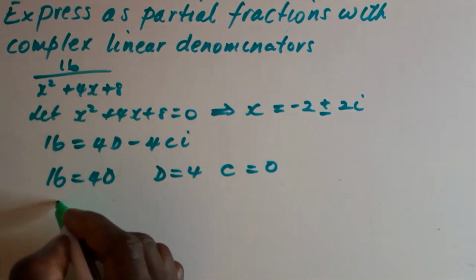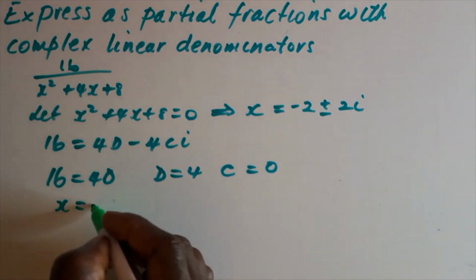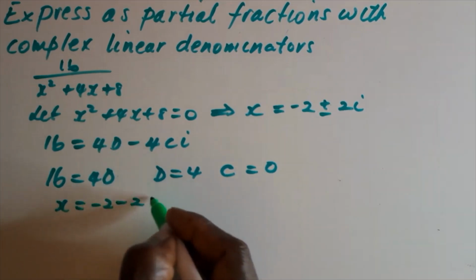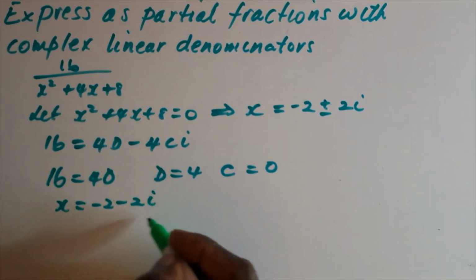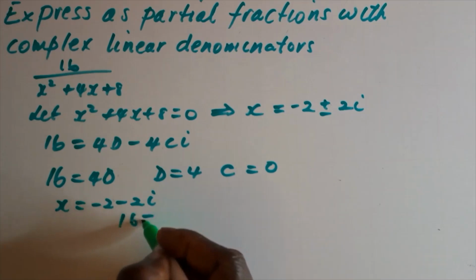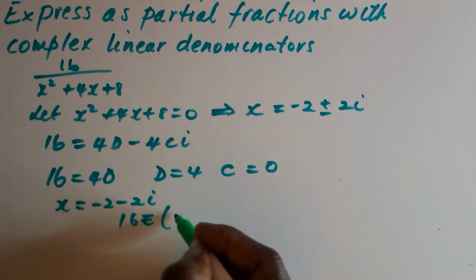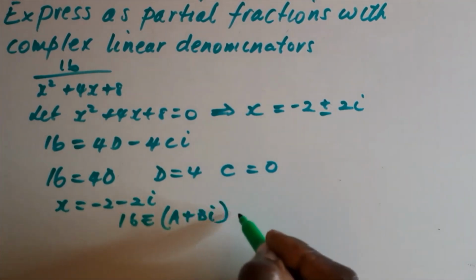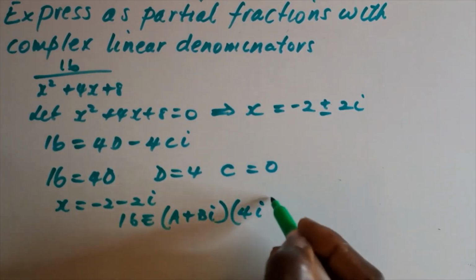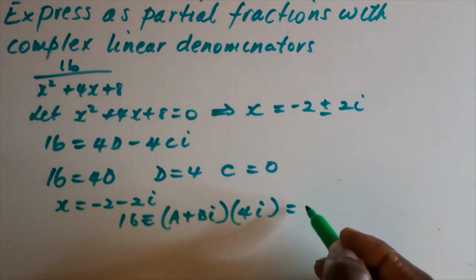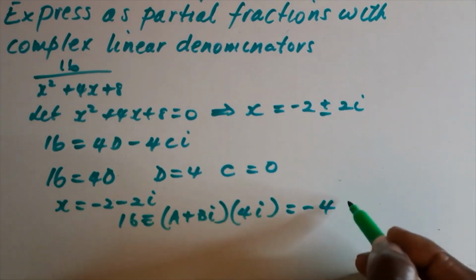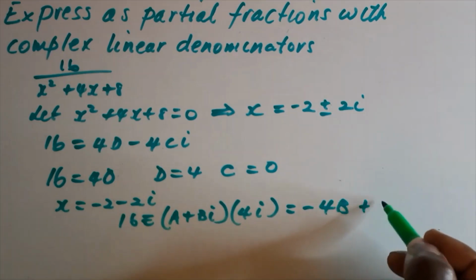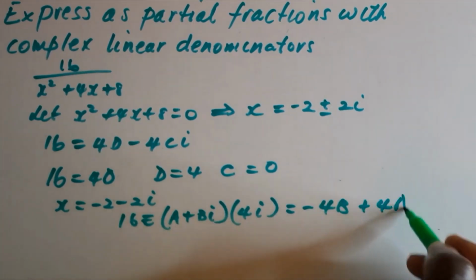When x is equal to the other option, -2 - 2i, we can write that 16 is, we eliminate c + di in this case, leaving a + bi, and this is times 4i, which gives us -4b + 4ai.